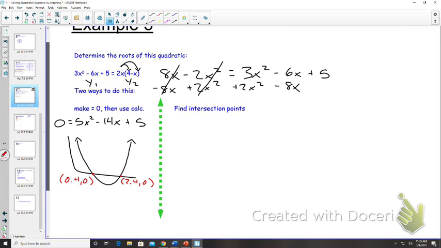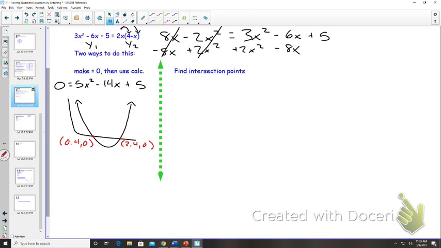So 0.4 and 2.4. Yeah, good. This is x equals 0.42 and x equals 2.38. I just rounded so I had more space on there. Okay, so those are my two solutions.